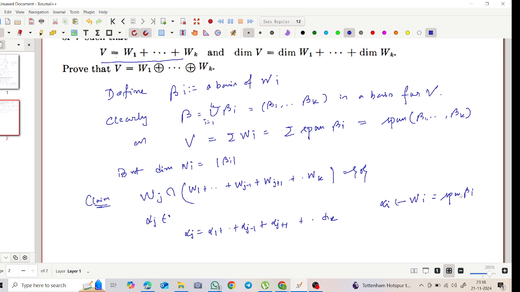It looks very obvious, but it looks very obvious to me. But how should I write this?